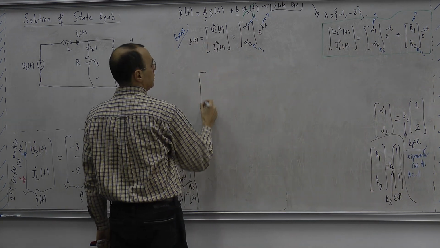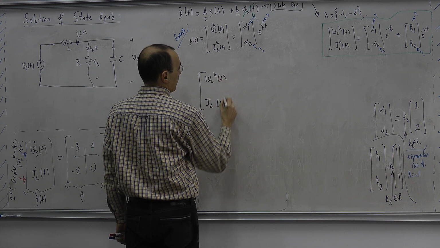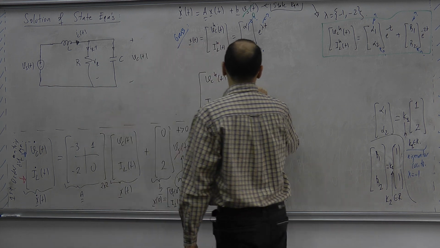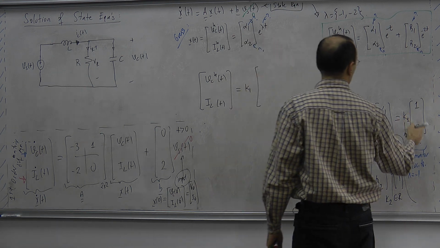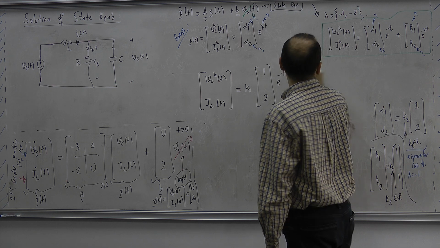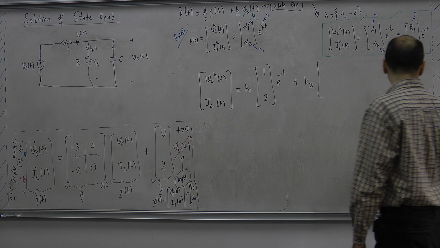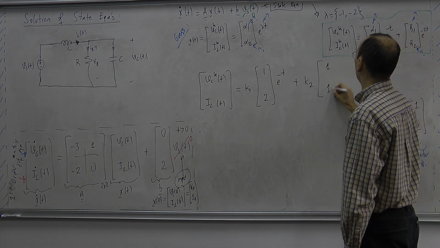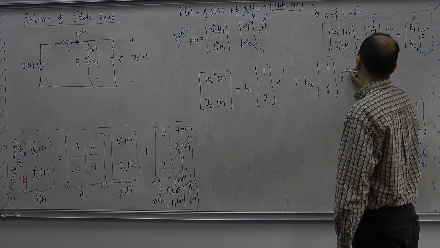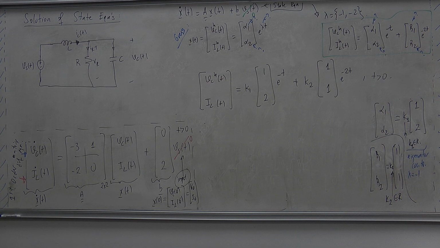Now my solution will be k1, this eigenvector of A, plus k2, 1, 1, e^(2t). So this will be my solution for t greater than 0.